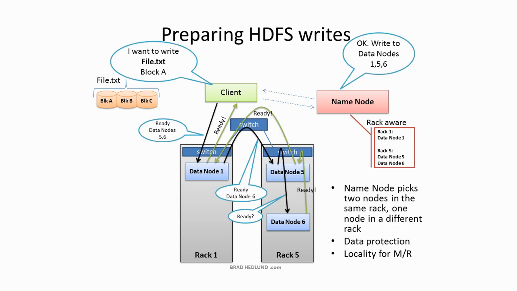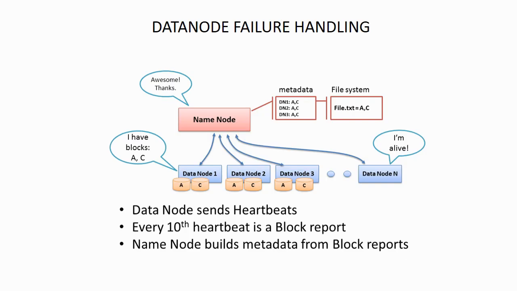When you have the largest chunk of possible data required for a computation on a single rack, then the computation is going to happen faster, especially the reduce operations are going to be faster. Okay, all right, so that's how rack awareness is used.